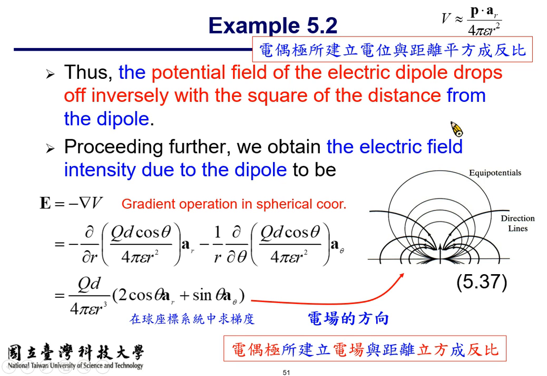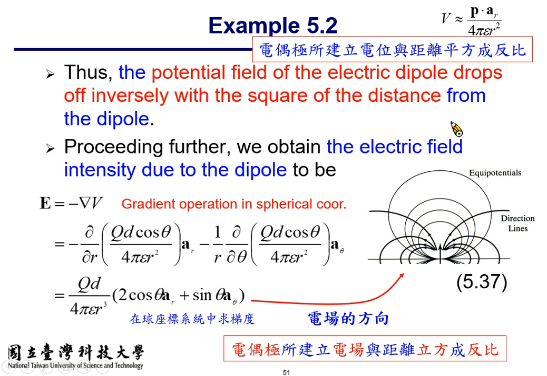And the field built up by the electrical dipole moment is what? It's not isotropic, it's not homogeneous in this spherical space. As you can see here, the electrical field intensity has an R component and a theta component. But because you place the electrical dipole along the z-axis, it's still symmetric in the phi direction.